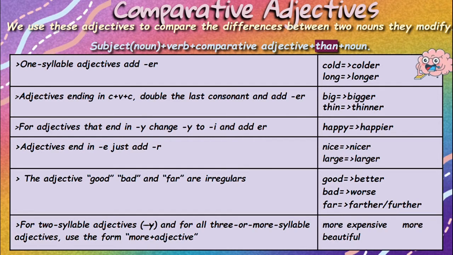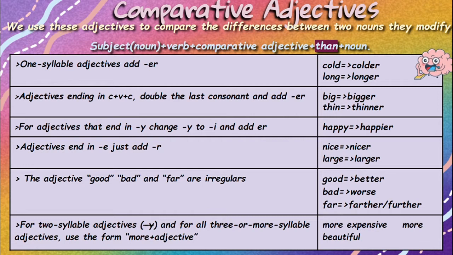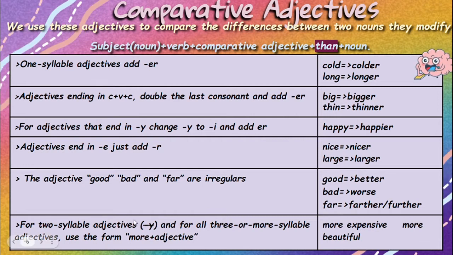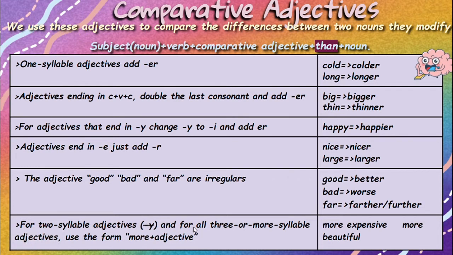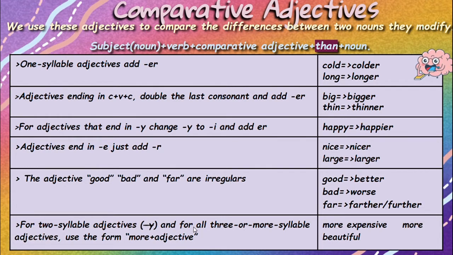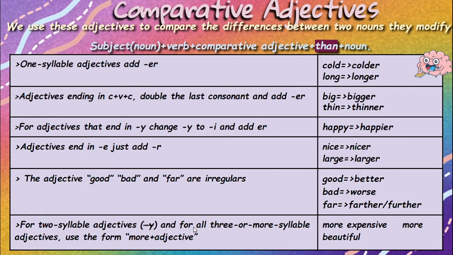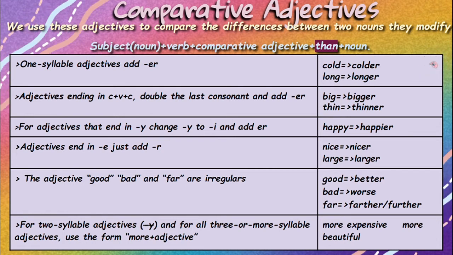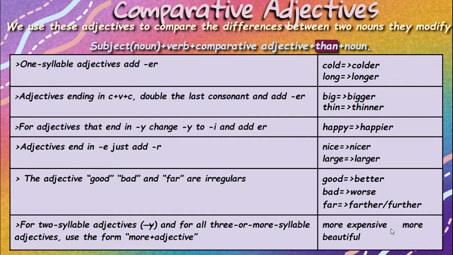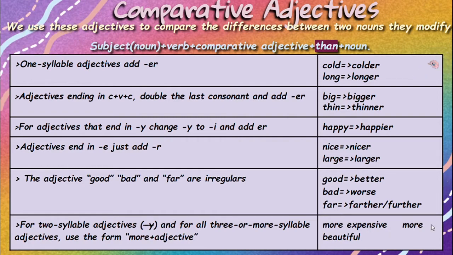For two-syllable adjectives not ending in y, and for all adjectives of three or more syllables, use the form more plus adjective. For example, more expensive, more beautiful.